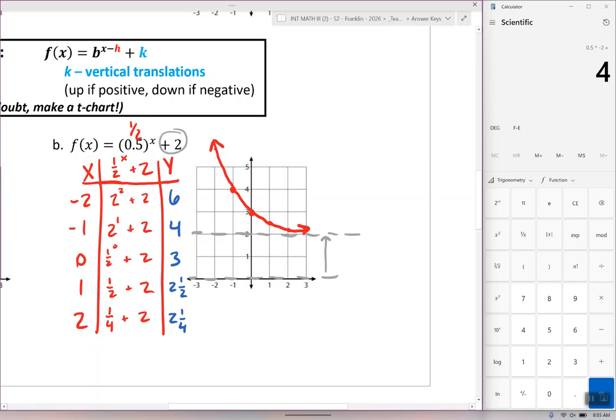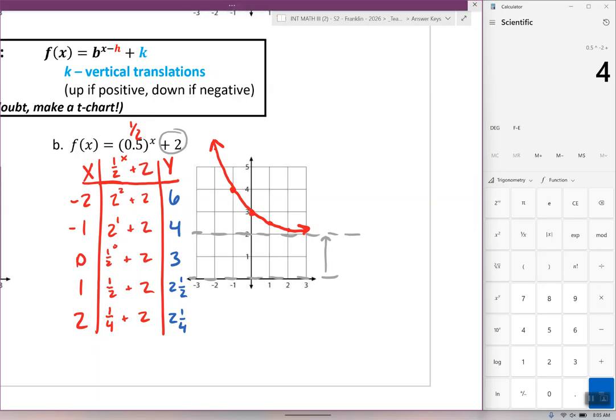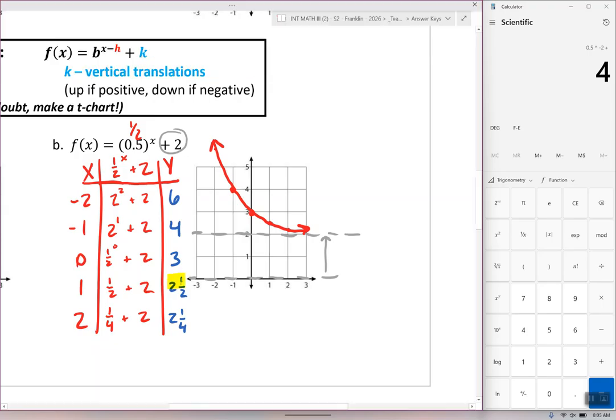It's going to move the whole graph up or down if it was negative, but we moved it vertically 2 spaces, and now we have a new asymptote. And see, the numbers here start to approach 2, but they're never going to equal 2. The next one will be 2 1/8, 2 1/16, 2 1/64. Going to keep getting closer and closer to 2, but never touch it.